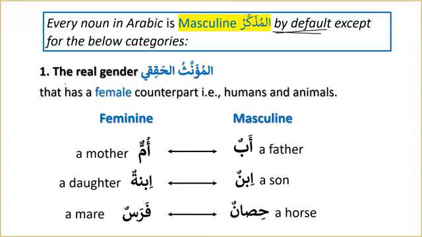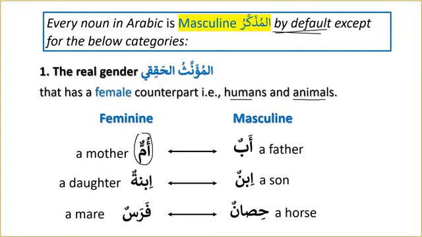So the first one, we know the real gender, al-mu'annathu al-haqiqi, that has a female counterpart like humans and animals. So of course, humans and animals have a female counterpart. So that's why we call that al-mu'annathu al-haqiqi, the real gender. For example, we have abun, father, and we have ummun, mother. So where is the feminine?